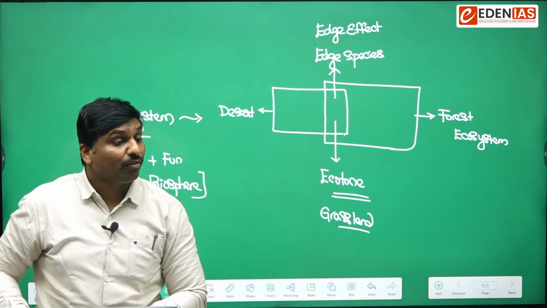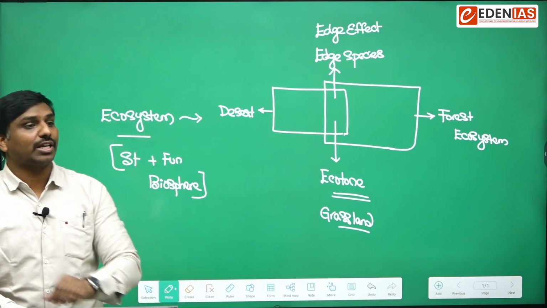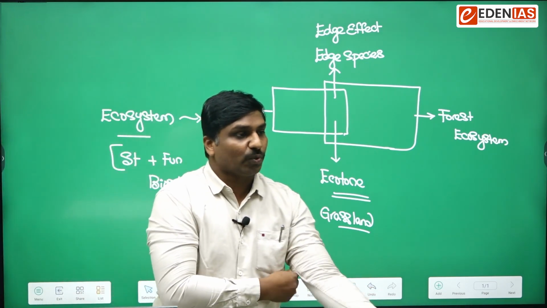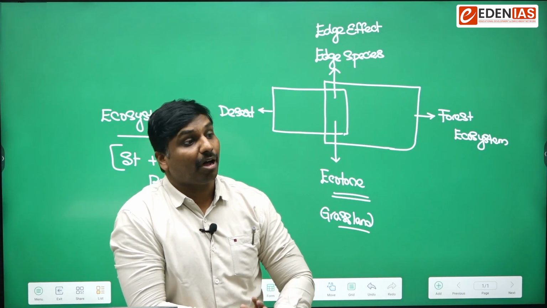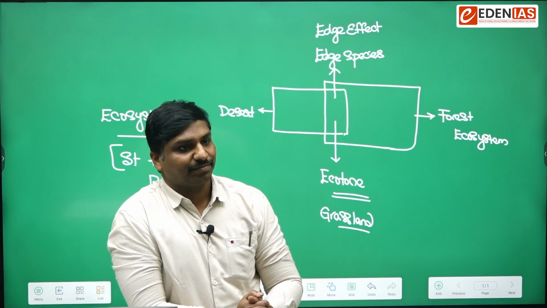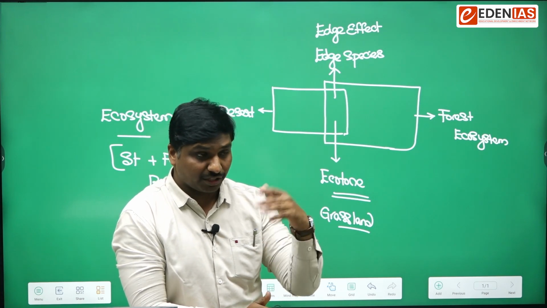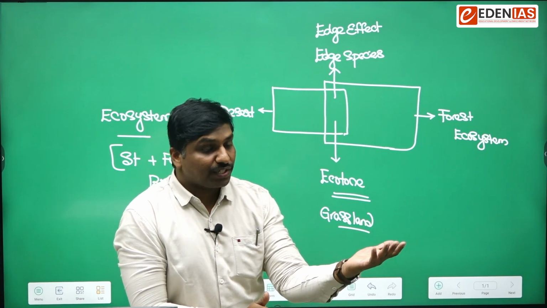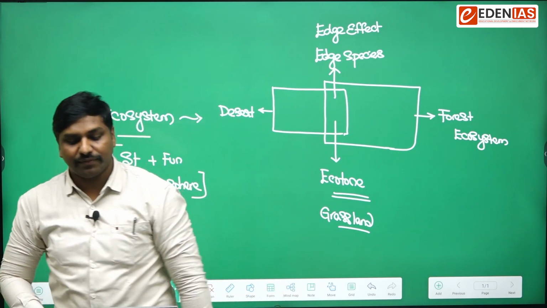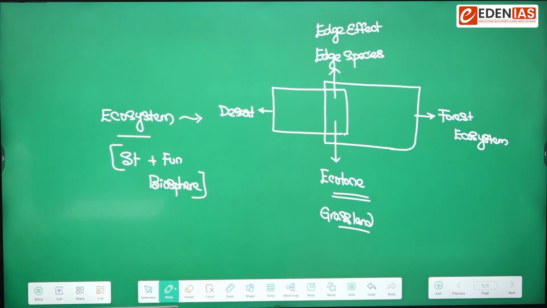And then what about the marshlands? One student was talking about wetlands. So instead, if we take it as marshland, marshland is an ecotone between dry ecosystem as well as wet ecosystem. We can consider likewise. And if we talk about estuaries, have you heard about estuaries?